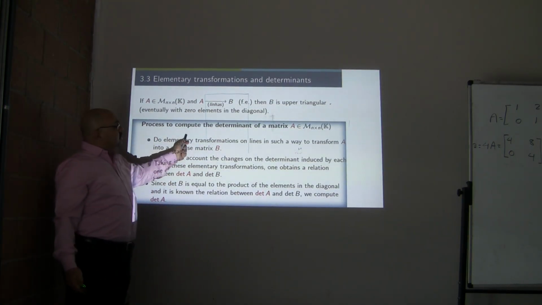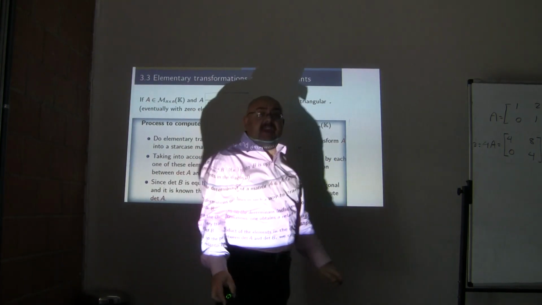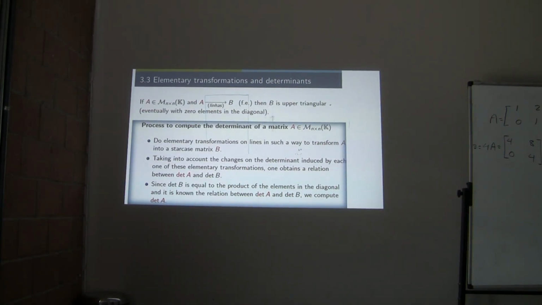Process to compute a determinant. This is our plan if I want to evaluate the value of a 5 by 5. If I have a 5 by 5 matrix, 5 rows by 5 columns, and I want to evaluate it, it's going to be very difficult. Because mainly a 5 by 5 you can expand into 5, each one of them 4 by 4. And each one of the 4 by 4, you will have to break into 4 3 by 3.